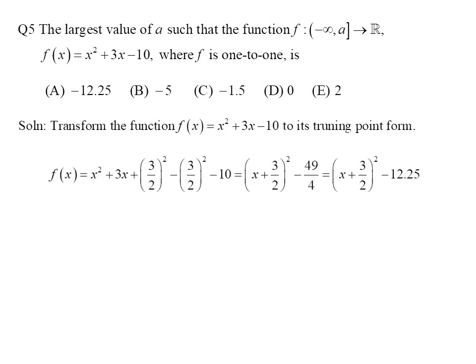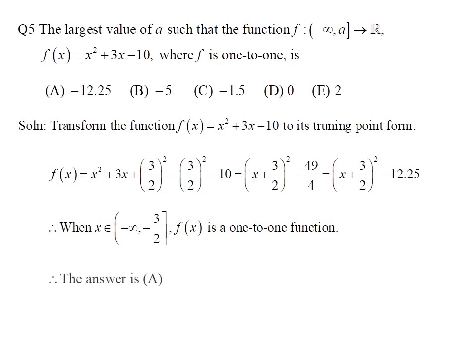So f of x equals x squared plus 3x plus (3 over 2) squared, minus (3 over 2) squared, minus 10, which equals (x plus 3 over 2) squared, minus 12.25. Based on the turning point form of f of x, it can be seen that when x is less than or equal to negative 3 over 2, f of x is a one-to-one function. Hence, the answer for question 5 is A.